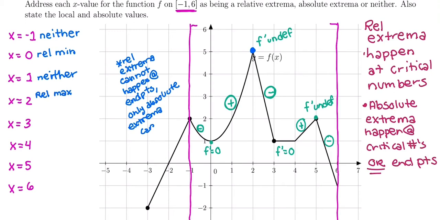But the bigger question is, is it an absolute max? Well, let's compare it to the end behavior of the graph. Looking at the ends, this is lower, and also this side goes lower. So comparing my critical number to the end behavior, endpoints, it is higher than everything. So the stronger relationship that we can call it, we would label this an absolute max.